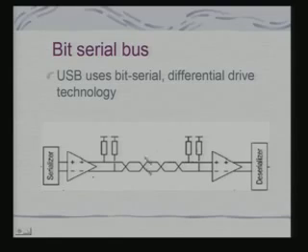Now, these are kind of external bus definitions, so external devices are to be connected. I have the differential voltage between these two lines, which defines the bit levels high and low. Obviously, it would be much more robust, and the signal-to-noise ratio would be better compared to that of a single-wire bus.